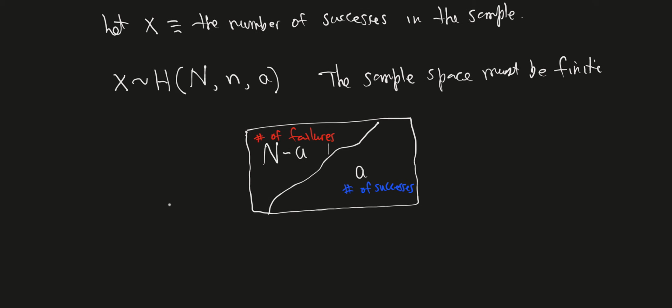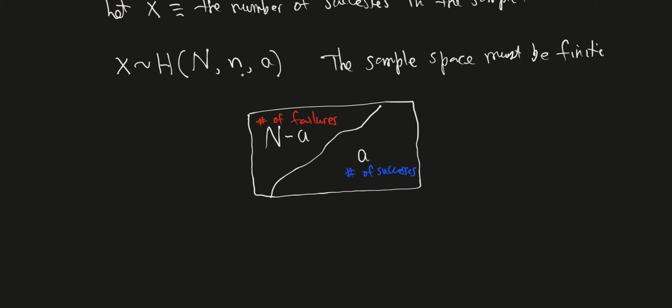Well, let's see. So first we might ask ourselves, as far as the sample is concerned, how many ways can I choose n things out of big N things? So basically, let's write down a formula for the number of elements in the sample space. We know it has to be finite, so that's good.